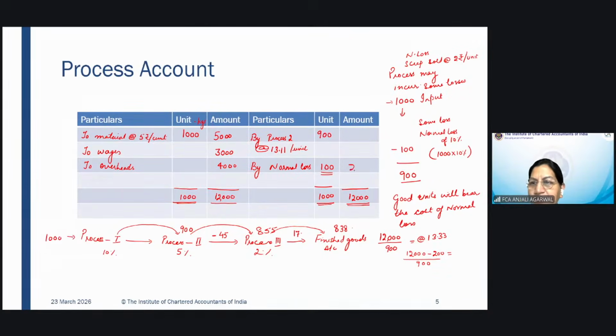So these 100 units will give you 200 rupees, and the cost of 11,800 is to be borne by the 900 units.